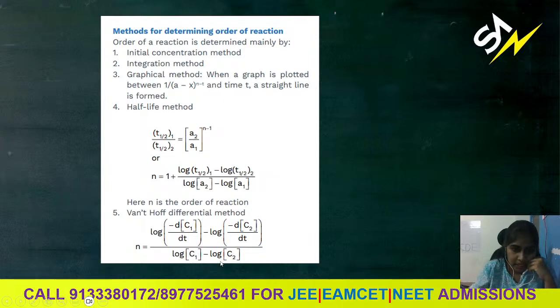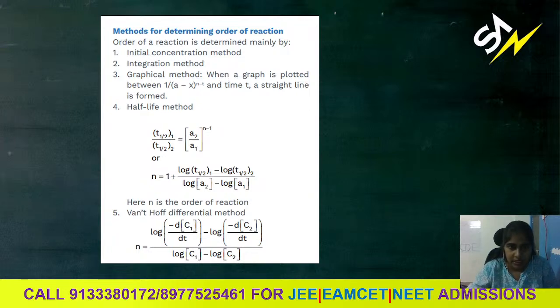This is the equation to find the order of the reaction using Van 't Hoff differential method. That is, n, the order of reaction, is equal to log of (minus dC1 by dt) minus log of (minus dC2 by dt), divided by log of concentration C1 minus log of concentration C2. So these are the methods which determine the order of the reaction.